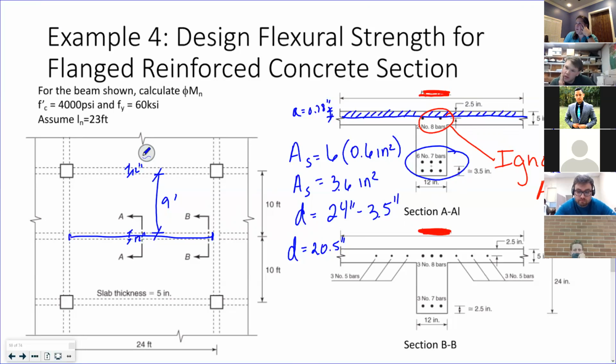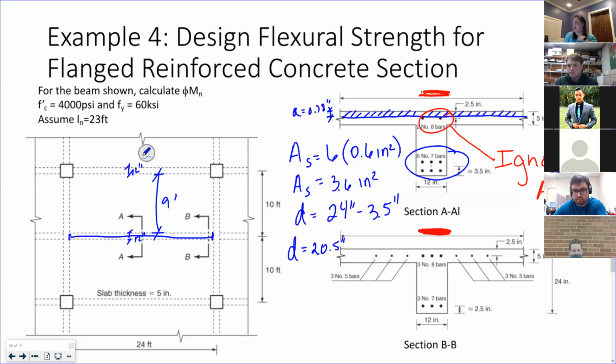Is that what you're trying to say? That wasn't what I was trying to say, but that may help you too, if you want. Yeah, because it'll keep your thickness where you can use case 1. If you include your compression reinforcement, it'll decrease your neutral axis and the depth of your stress block, and that might bring it back below the 5 inches, or below the slab depth.